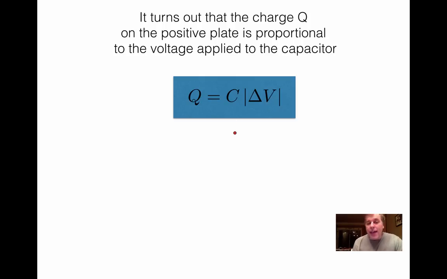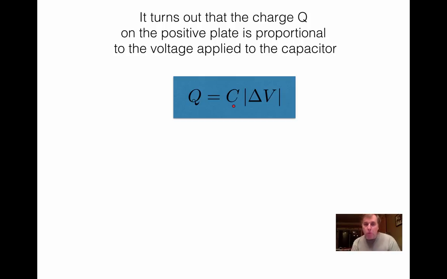Okay, I want to insist, this C here has nothing to do with the unit Coulomb. It's not for Coulomb, it's a new parameter, a new property of circuits. So it's unfortunate that we use capital C for the unit Coulomb, but usually from the context you can tell if it's the unit Coulomb or something else.